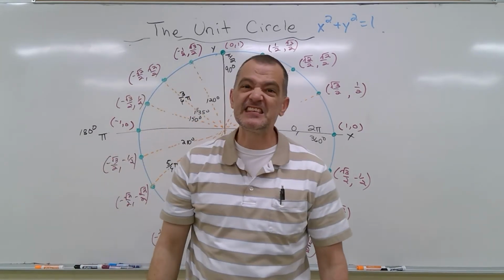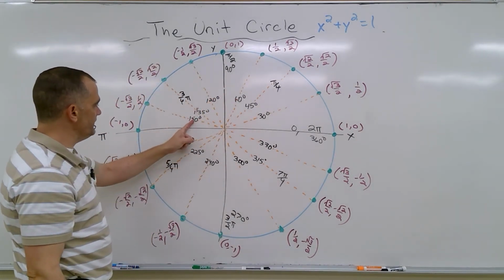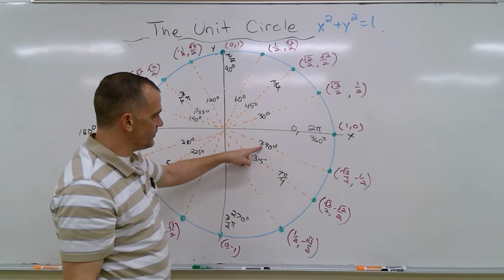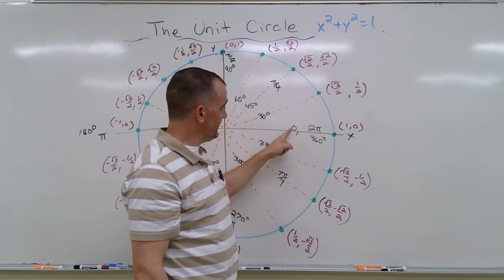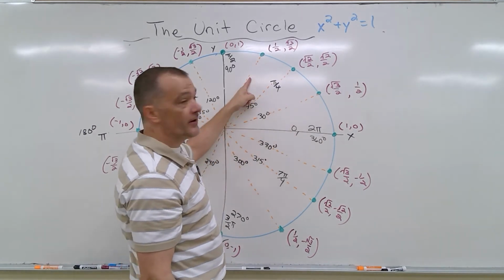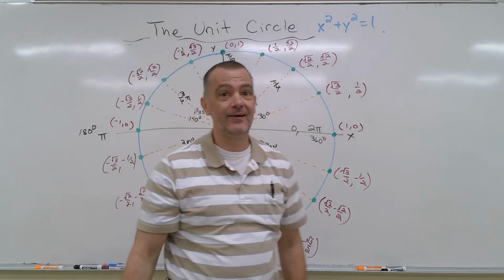In other words, I skip count by 3: 3, 6, 9, 12, 15, 18, 21, 24, 27, 30, 33, 36. And I could keep on going, couldn't I? 390, 420, 450, 480.